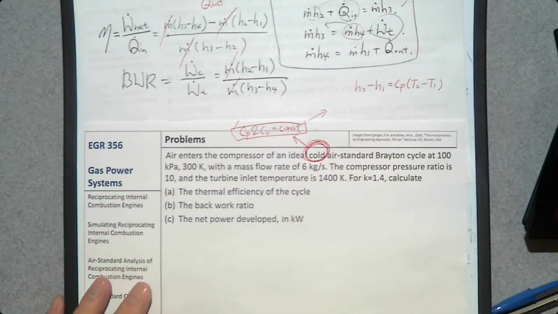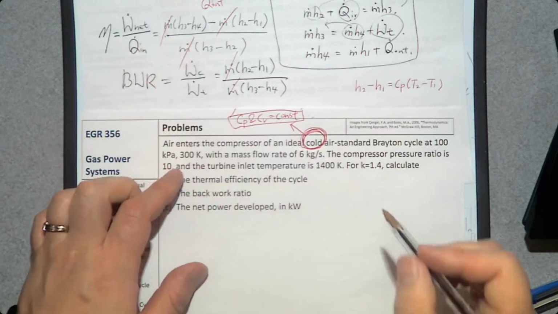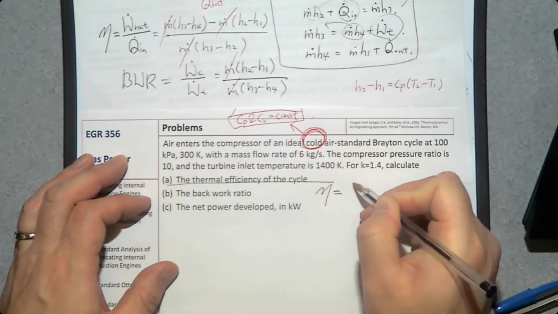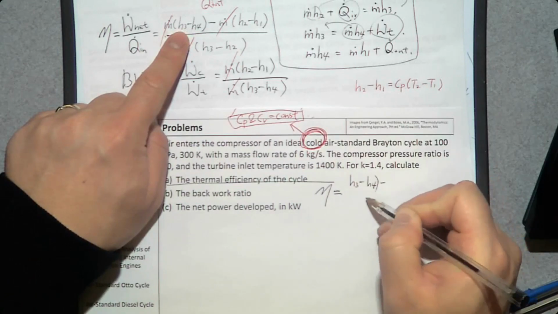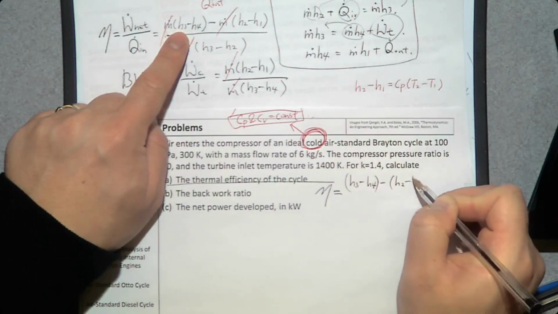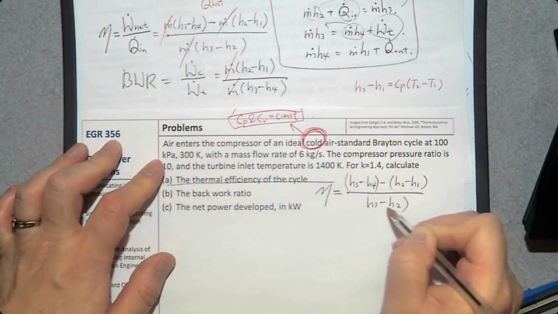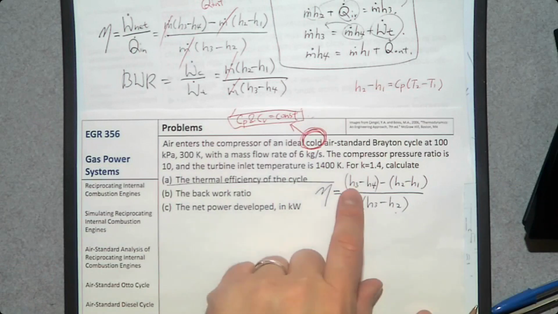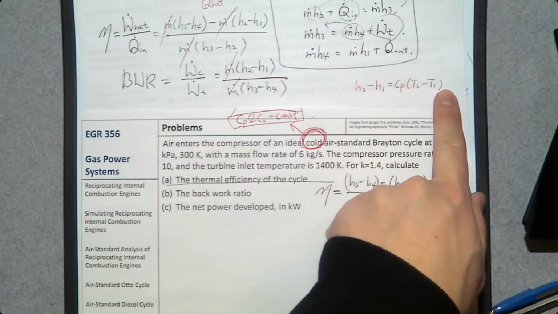So let's do that. The thermal efficiency of the cycle is ((h3 minus h4) minus (h2 minus h1)) over (h3 minus h2). Oh wait, it is a cold air standard Brayton cycle. That means h3 minus h4 is Cp (T3 minus T4).